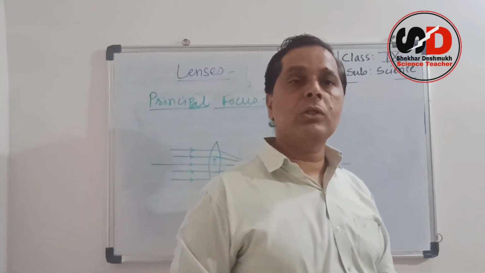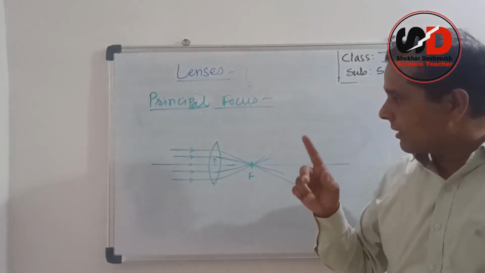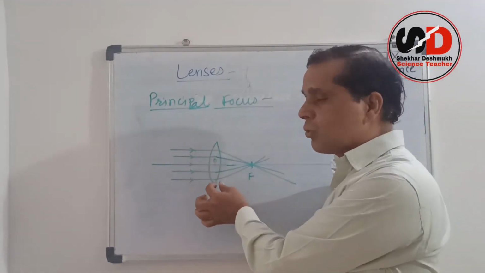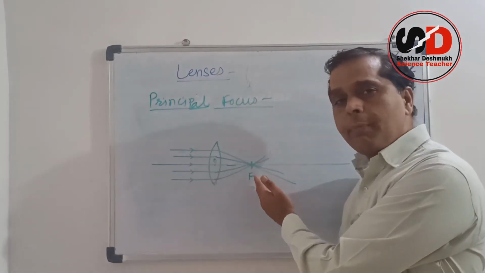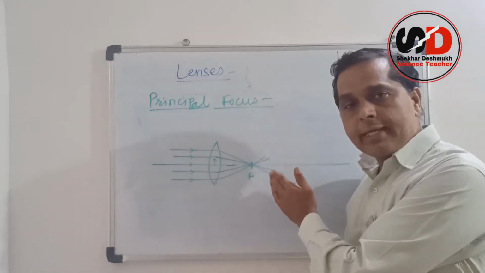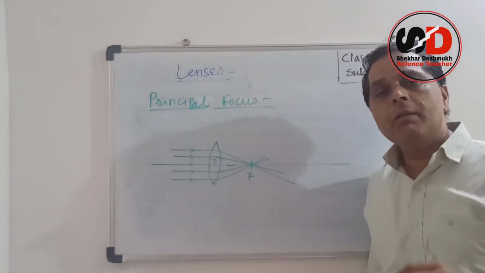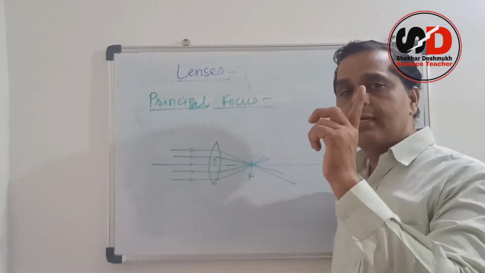What is the principal focus of a convex lens? Light rays parallel to the principal axis, after refraction through the lens, pass through a point on the principal axis. That point is called the principal focus of a convex lens.